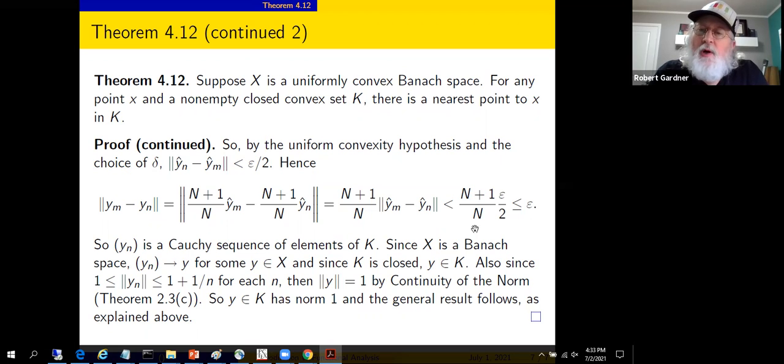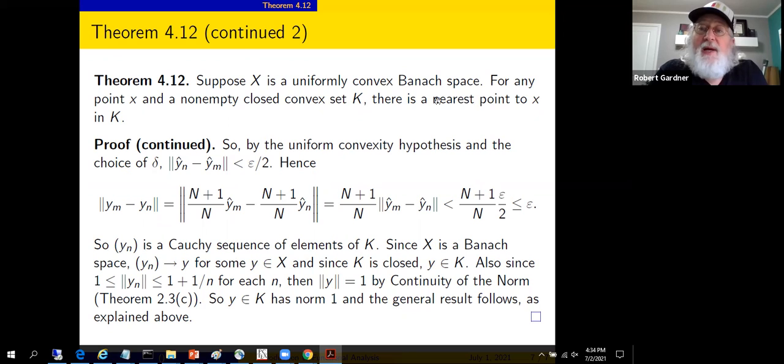When n is greater than 1, this gives us a quantity less than epsilon over 2, and so strictly less than epsilon in those cases. But we've got y sub m minus y sub n less than epsilon for all m and n greater than or equal to capital N. That's a Cauchy sequence. So y sub n is a Cauchy sequence of elements of set K.